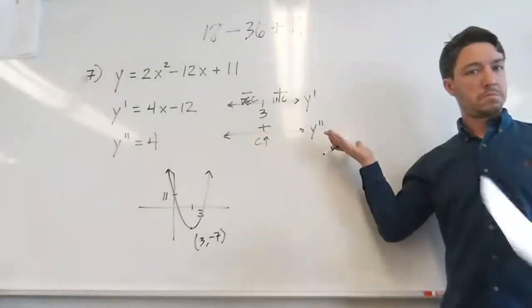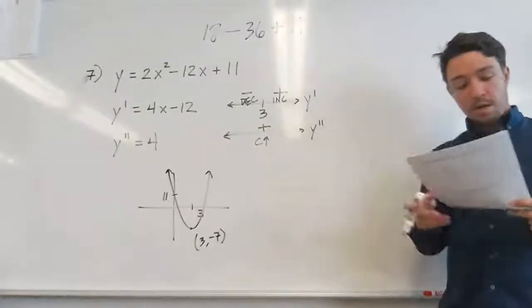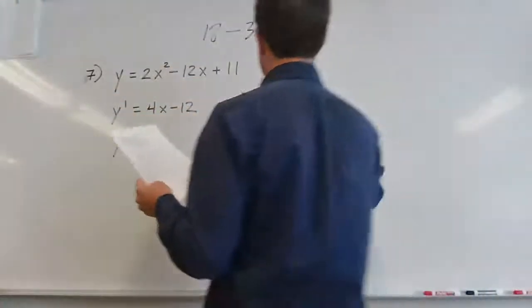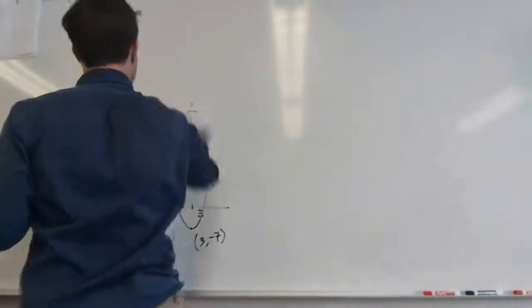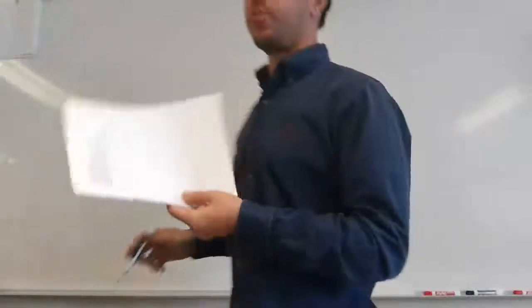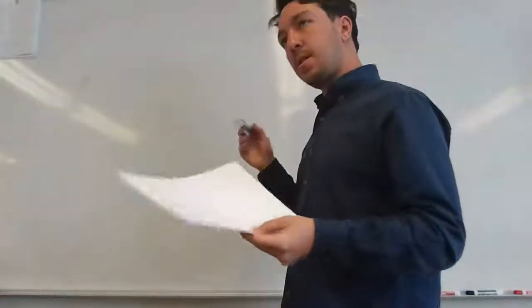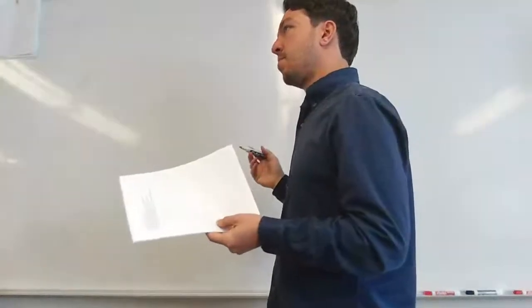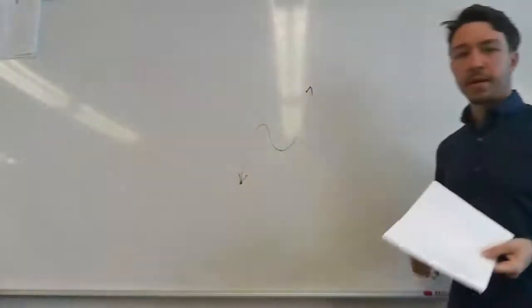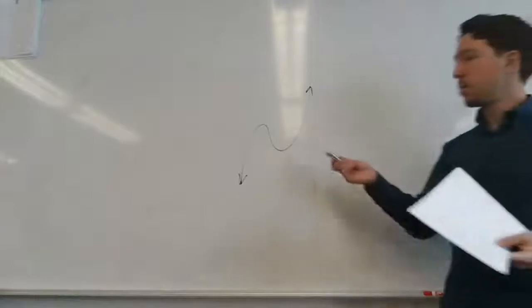Okay, sweet. Let's do one that's a bit more challenging, number 8. Cubic this time. Before we do any actual calculation, do you understand how, if I just drew some random cubic off the top of my head, it would go?